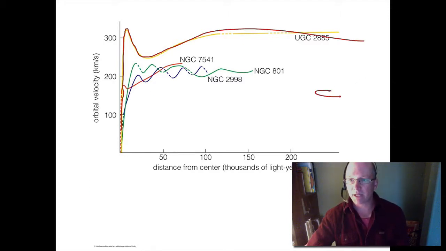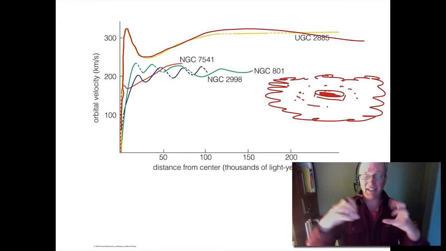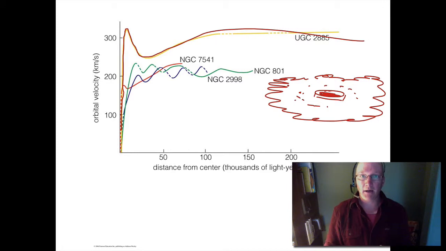That means that we've got a solid disk, kind of interior, if we imagine our model here. We have material that just acts like a planetary system out here, and then there's got to be some more material out here which is causing the flat rotation curve. So there's clearly clumpiness to the dark matter. So it has some structure, it has some dynamical properties.